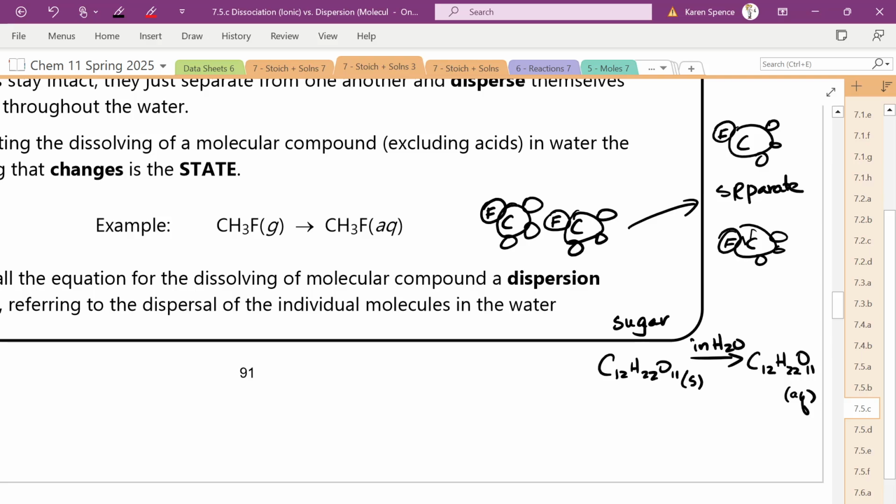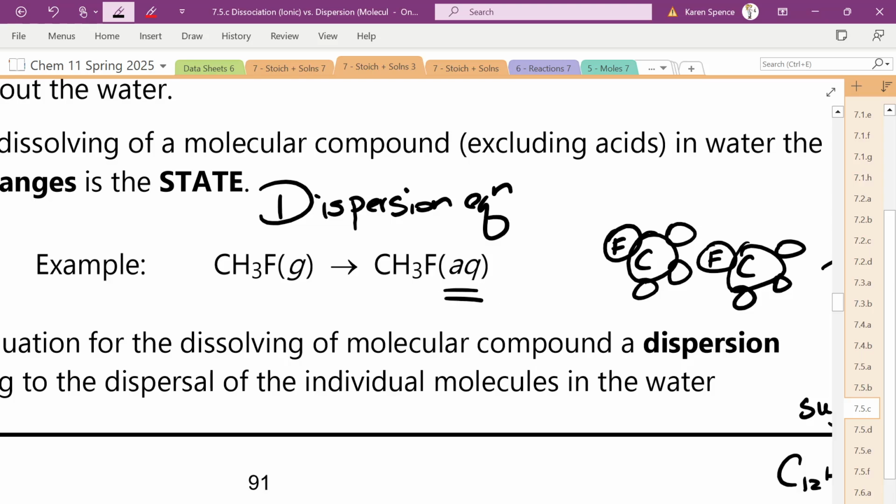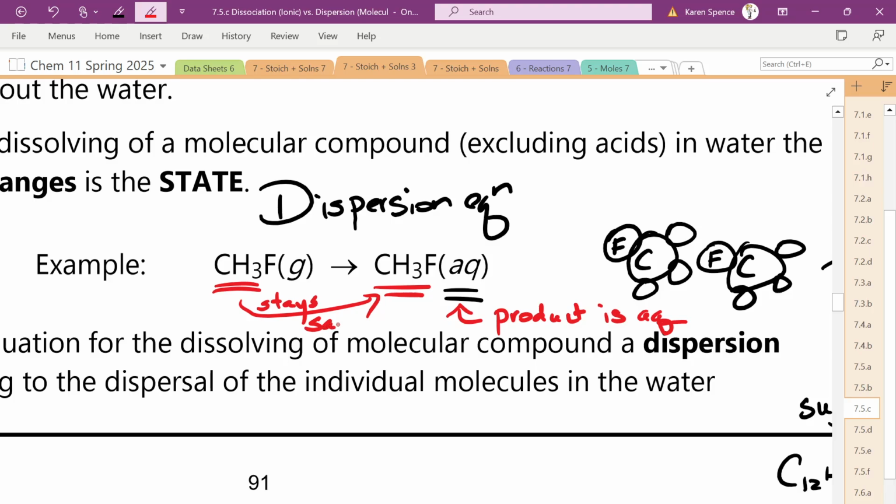So when you write the dissociation equation, the only thing that's the same as the dispersion equation is that you have an aqueous product. The product is always aqueous, and that's it. And other than that, the formula stays the same because it's not splitting apart. Like the actual compound itself is not breaking apart.